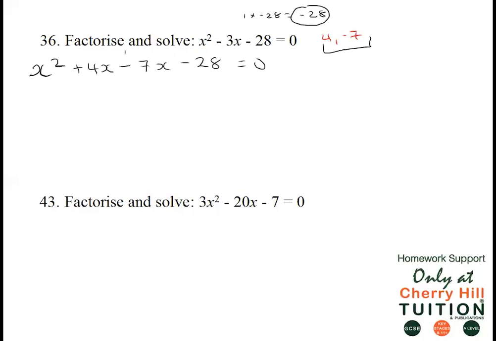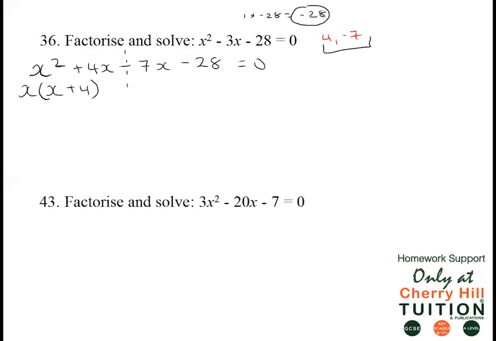So we now need to split this and factorize separately. On the left-hand side, you will see that the only thing we can factorize and take out is the x. And inside, we have x, because x multiplied by x gives us x squared. And then we have plus 4, because 4 multiplied by x gives us 4x. Okay?